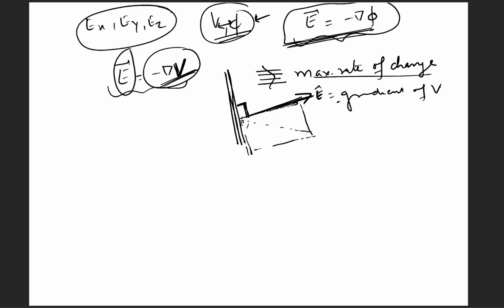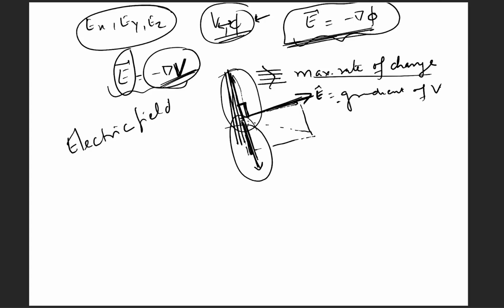If there is any component along the surface, then it will not be an equipotential surface, because there will be E dot dl existing along the surface. Only if there is no tangential component will it be an equipotential surface. So you see, electric field lines are perpendicular to equipotential surfaces.